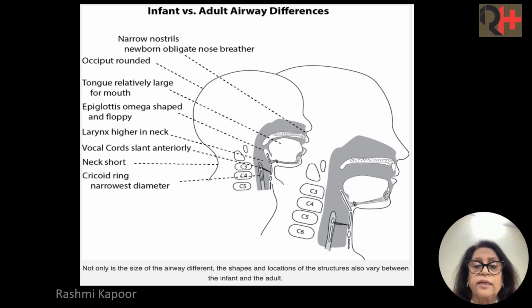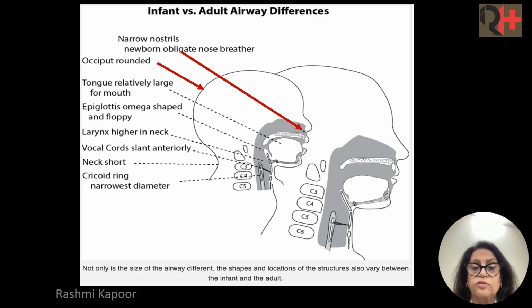So there are certain inherent differences in the airways of infant and adult, and we ought to know them. The nostrils are small, and newborns are obligate nose breathers. So even a slight blockage of the nose may lead to respiratory distress and obstruction.